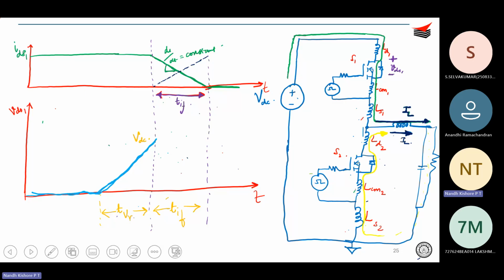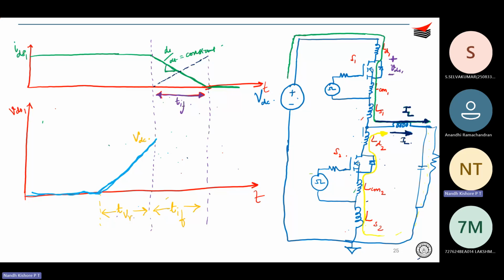Can you tell me the expression for VDS1? Just tell me the KVL expression. Voltage across the inductor, LCM voltage, LSM voltage. Correct.